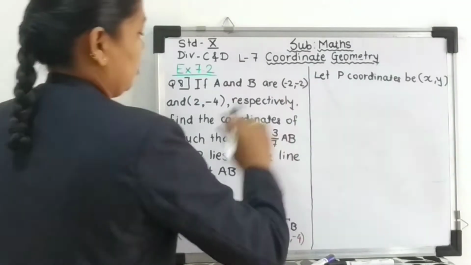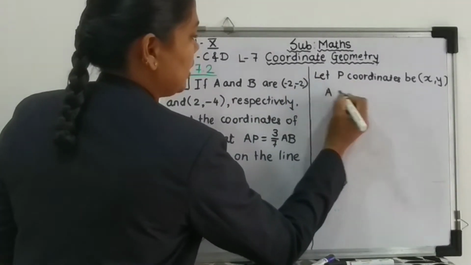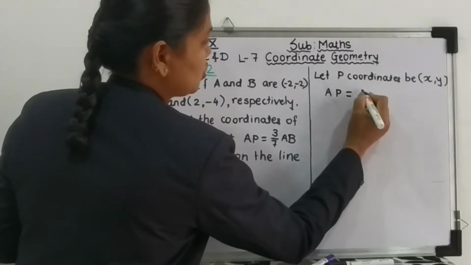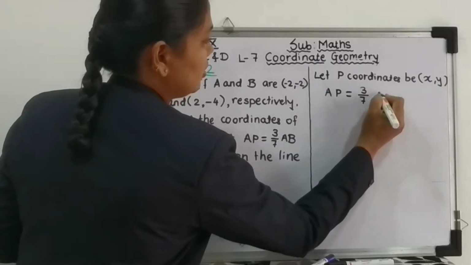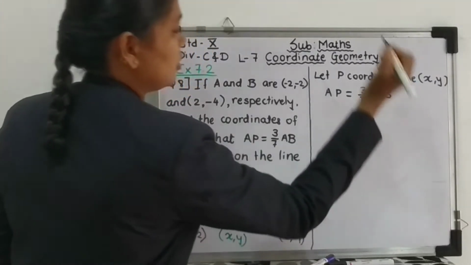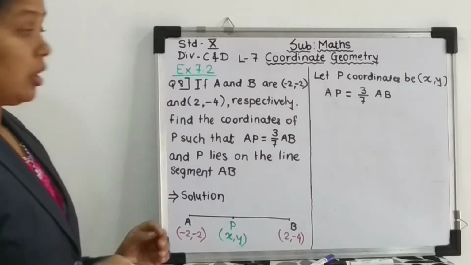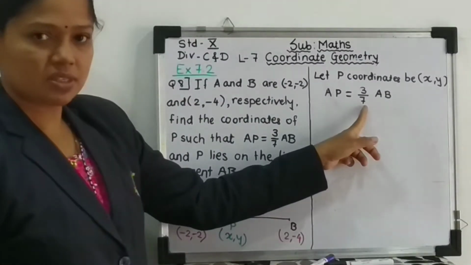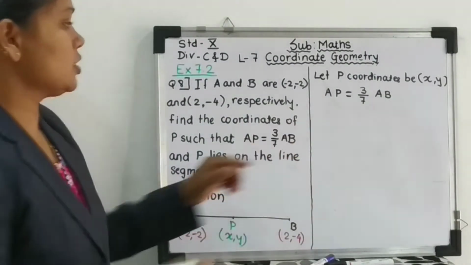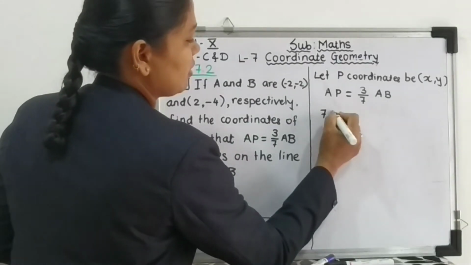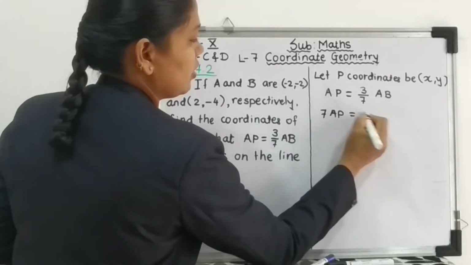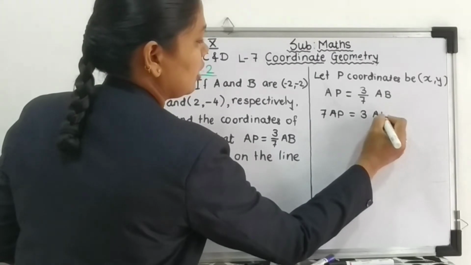Then we'll use this one. AP is equal to 3/7 AB, right? Now this 7 is divided, we will transpose here. So it becomes 7 AP equals 3 AB.